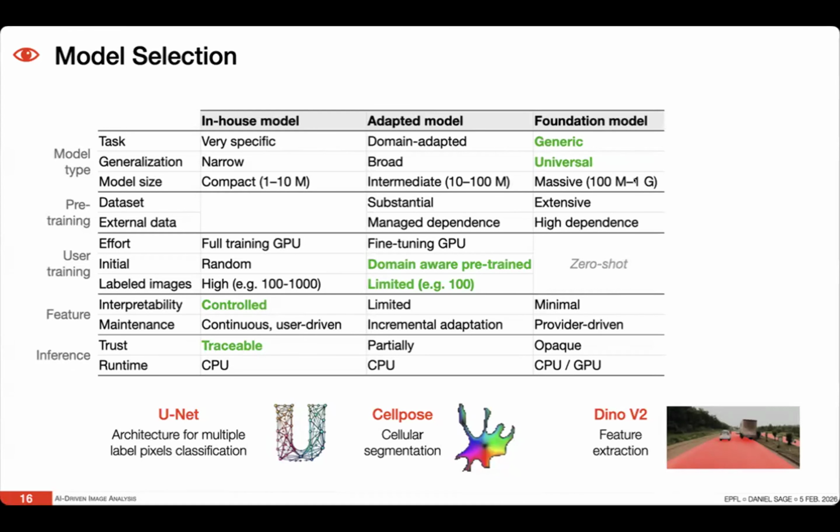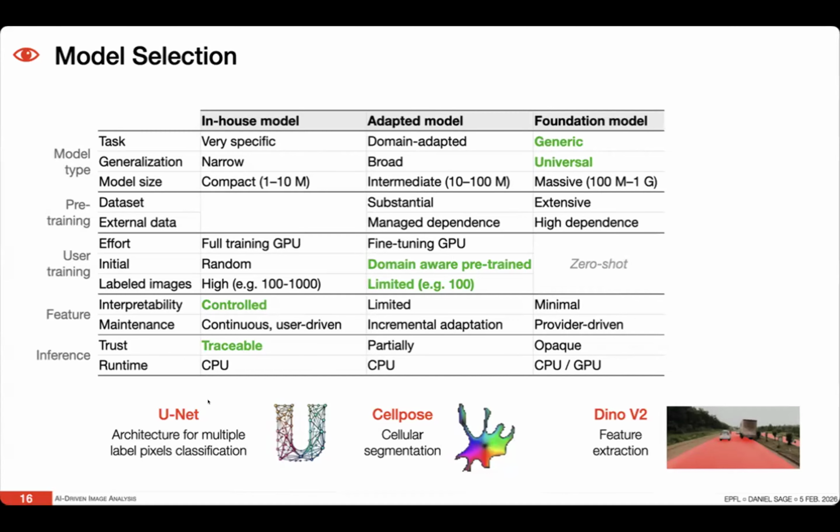Some of the models have a size of 1 GB. In terms of trust, here it's pretty opaque. You don't know exactly what you are doing, okay? And sometimes because it's such a huge model, even making an inference could be very slow running on the CPU.